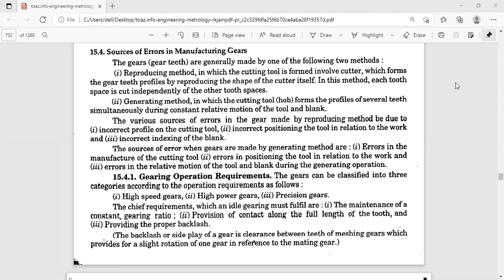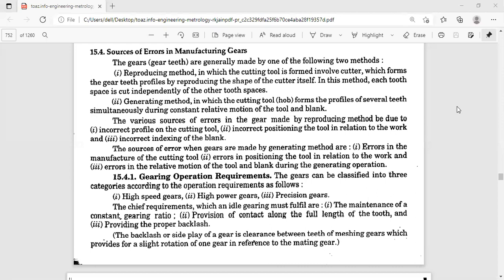I don't know whether your particular subject teacher has taught this, the method of manufacturing of gears in any production technology. Metal cutting is not there, I know, but you have to be very careful. Sometimes we'll be disturbed because the classes are for two sections. After the class, you can have the phone number and chat on WhatsApp.